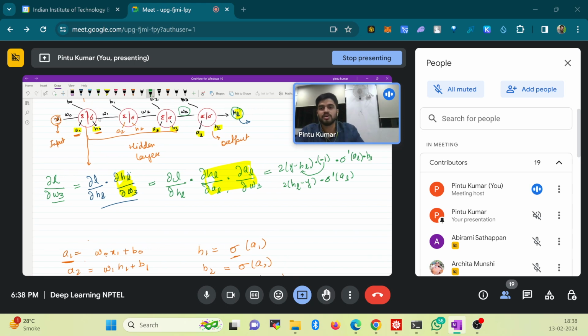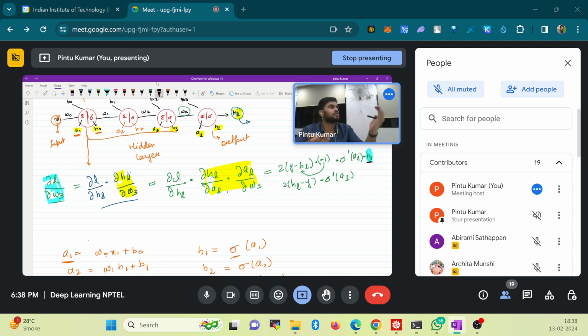One important thing over here is that when you look at this derivative, this is just the first derivative that we have found out. It has the term H3 in it. So how do you obtain H3? H3 can be obtained via forward pass only. If you pass your data point through this network, you obtain all these values A1, H1, A2, H2, A3, H3, and you save them. This process is called forward pass.